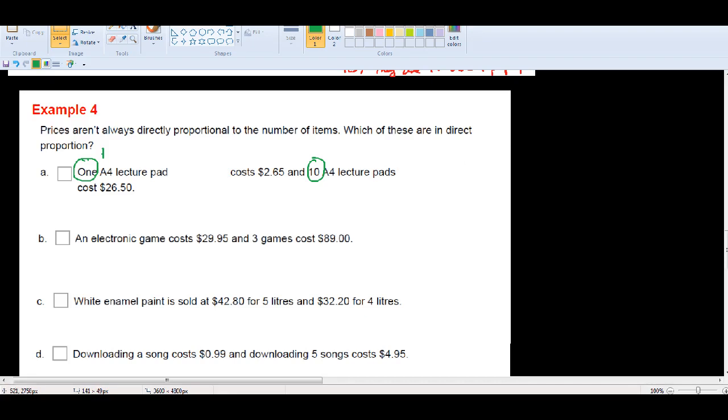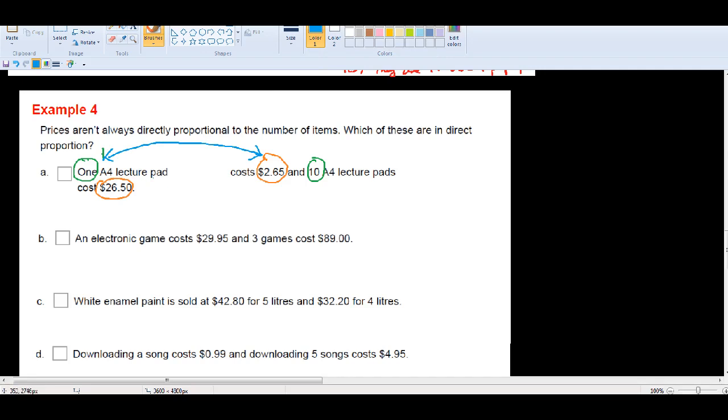The other number you need to consider is the price, or the cost. And you need to pair them up. How could we pair them up?